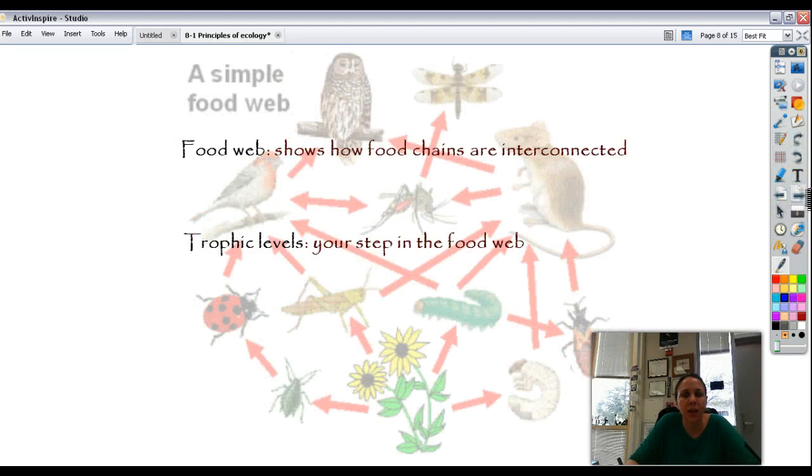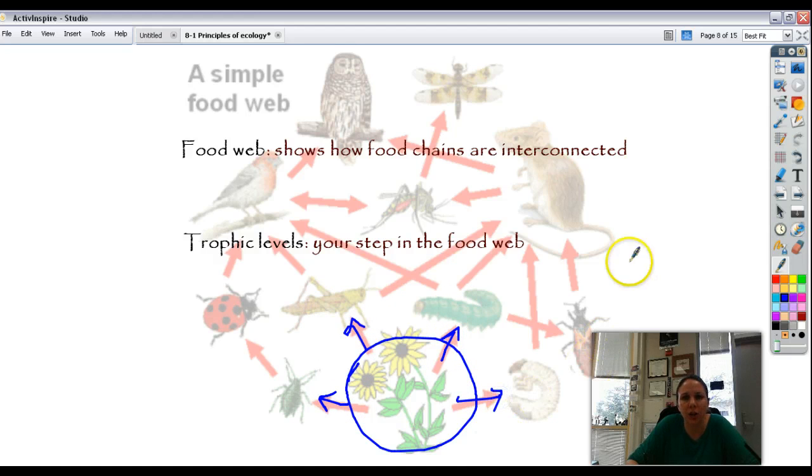Okay. Now, a food web, we like these because it shows how the animals have options. They don't have to eat just one thing, because if one thing disappears from the food chain, well, then the chain falls apart. So this shows us how we start with producers down at the bottom, and we can show all the choices, all the possibilities that things can eat along the way.